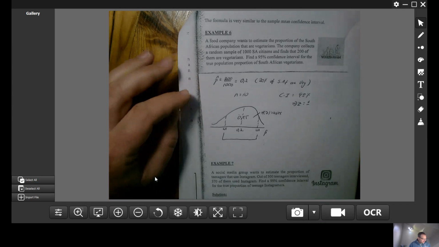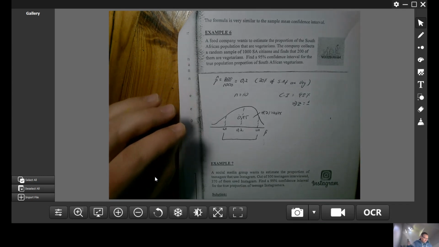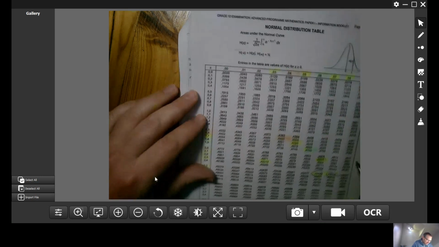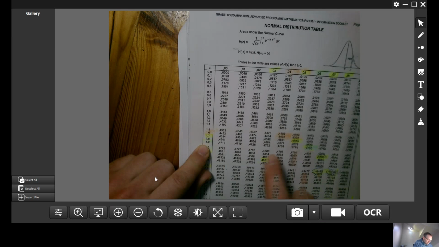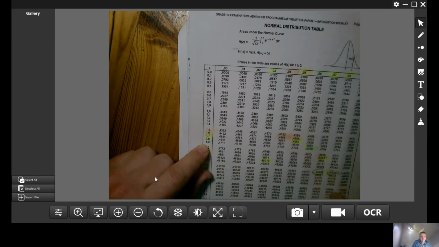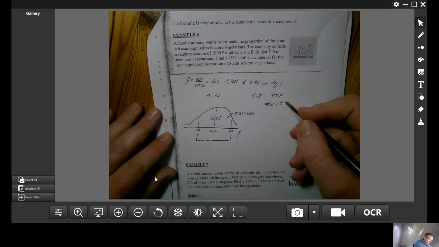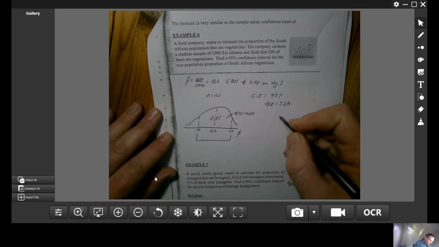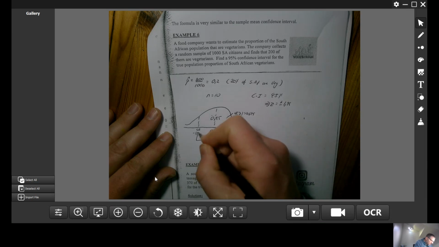Now we need to find the Z score that goes with that. So we go to our table. We've got the area, which is 0.475. That's it over there, so we're going to use 1.96. So we've got a Z score of plus minus 1.96. Your Z boundaries are 1.96 and minus 1.96.